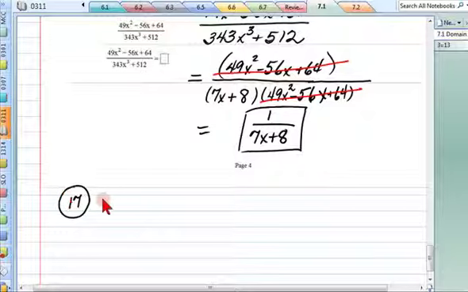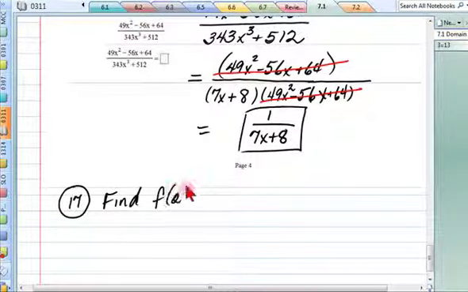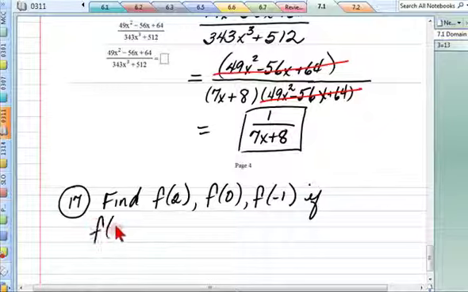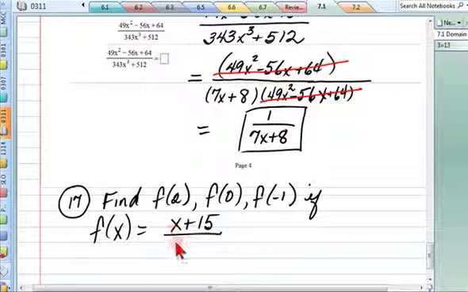And it says, find f(2), f(0), and f(-1) if f(x) is x plus 15 over 9x minus 3.